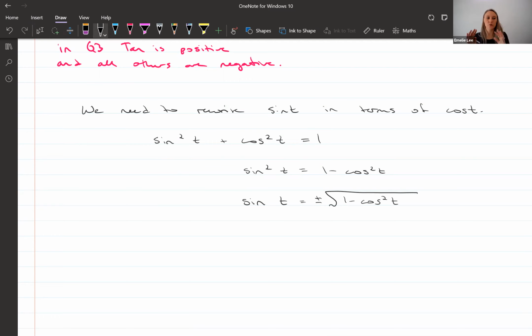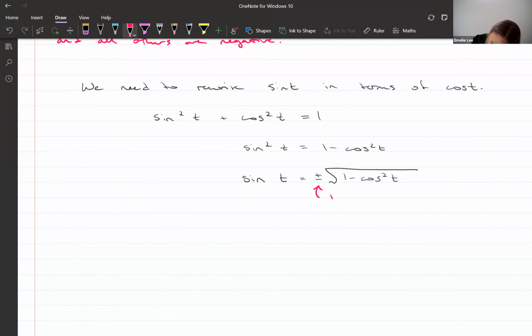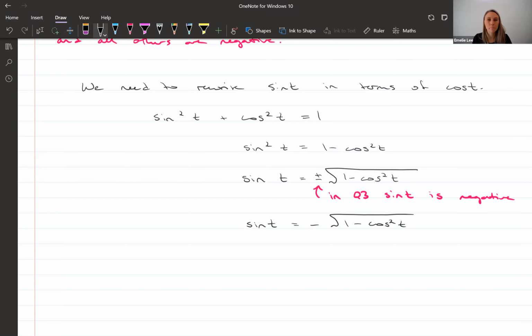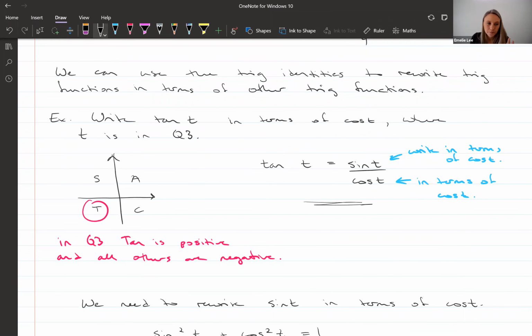Here, we need to remember that in Q3, all others are negative, so sine t is going to be negative. In Q3, sine t is negative. So sine t is negative root 1 minus cos squared t.